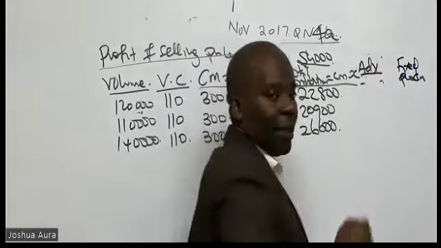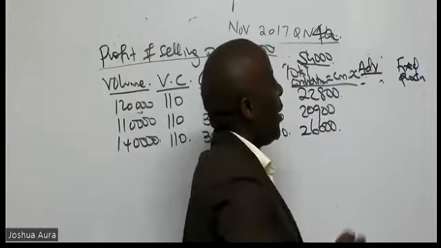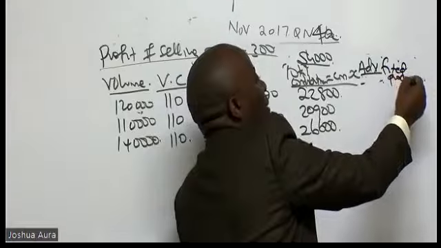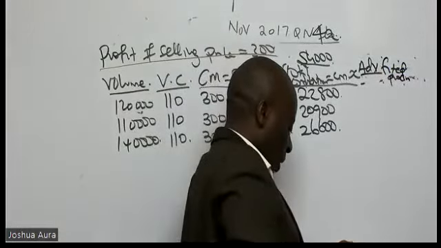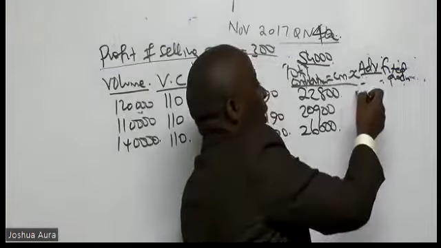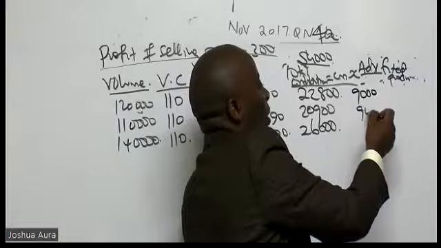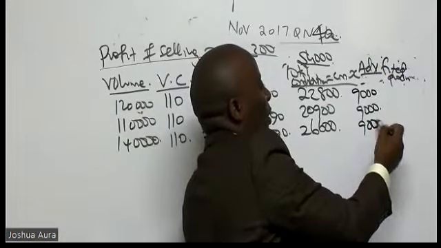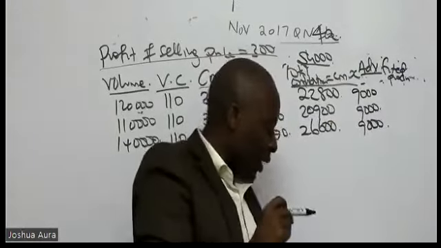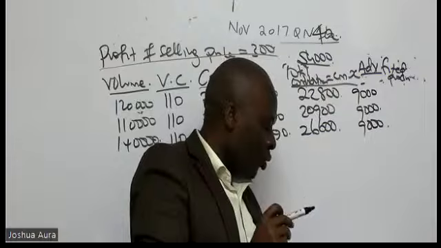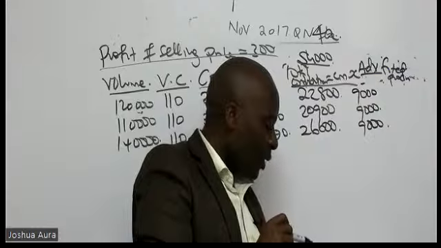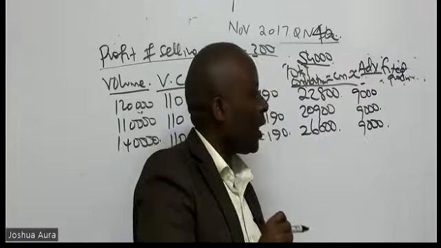The advertisement cost for the price of 300 is going to be 9,000 throughout, doesn't matter the level of production. In note number 2, advertising cost would be 9 million, but I'm chopping the three zeros to be consistent, per annum at a selling price of 300. So it's 9,000.